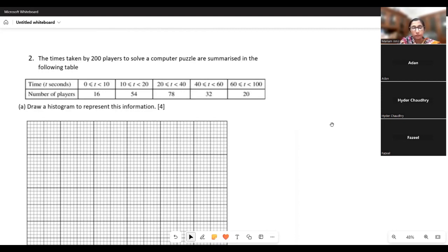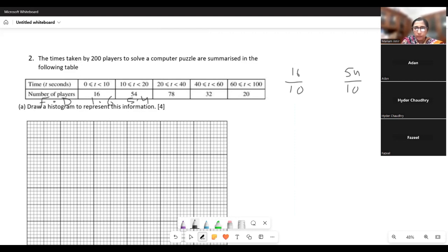Now we just need the frequency density, and frequency density is frequency over class width. So let's write the frequency densities here. It's frequency 16 over class width 10, so it's 1.6. Then it's 54 upon 10, which is 5.4.